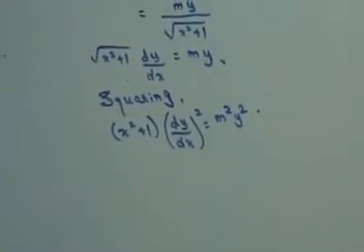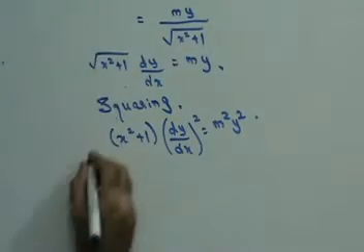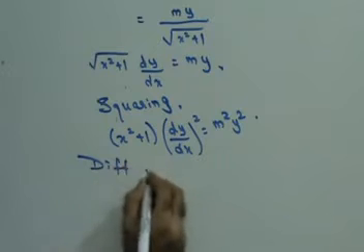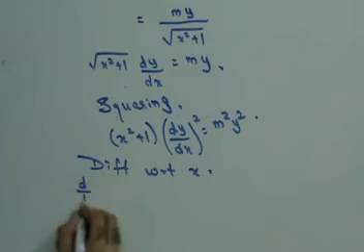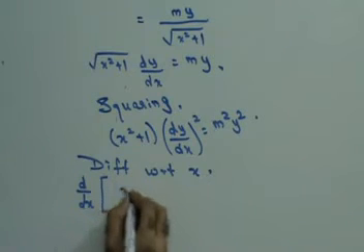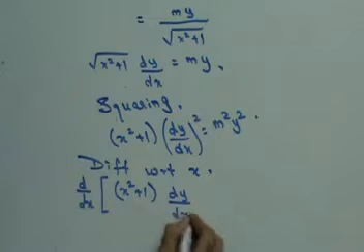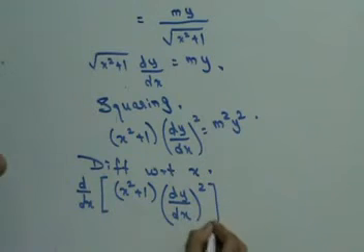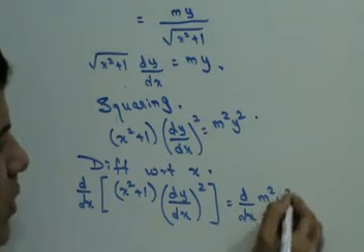y square. Right? Now, this can be written as differentiate with respect to x: d by dx of (x square plus 1)(dy by dx) the whole square is nothing but d by dx of m square y square.